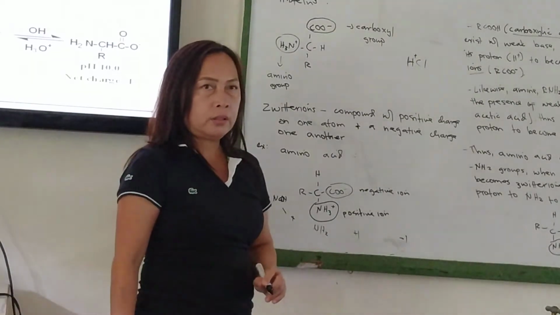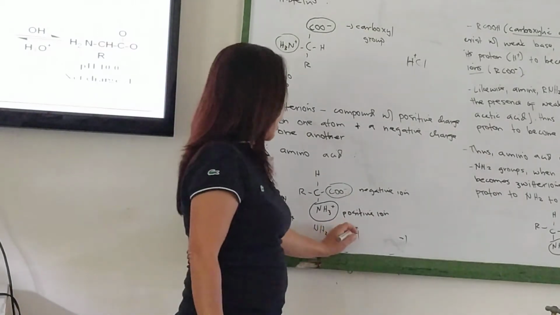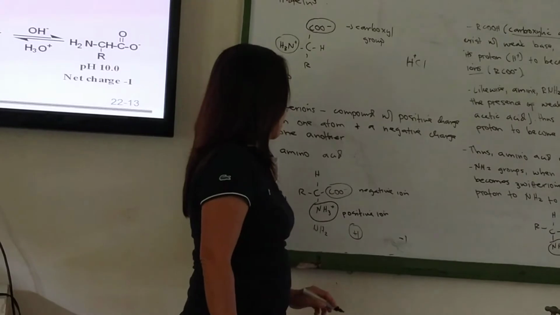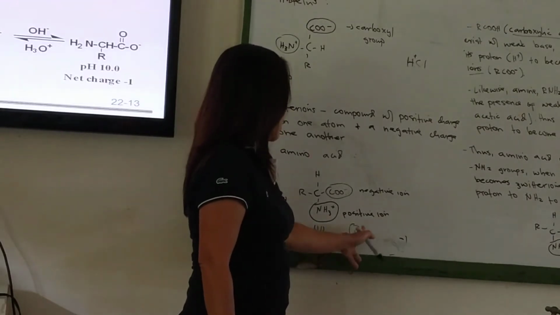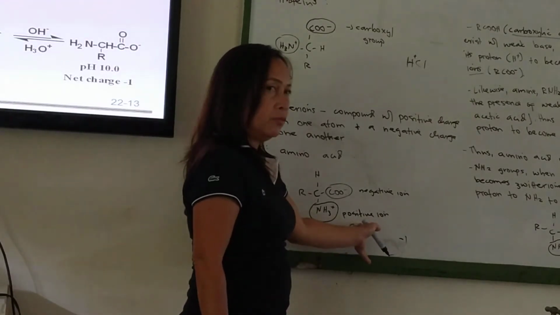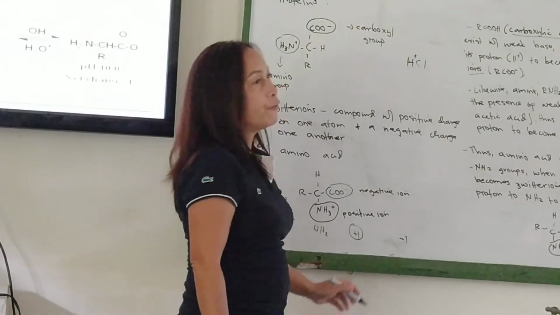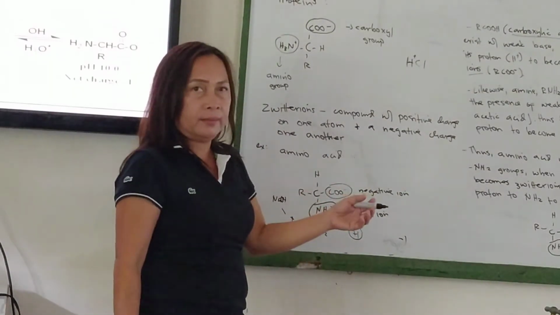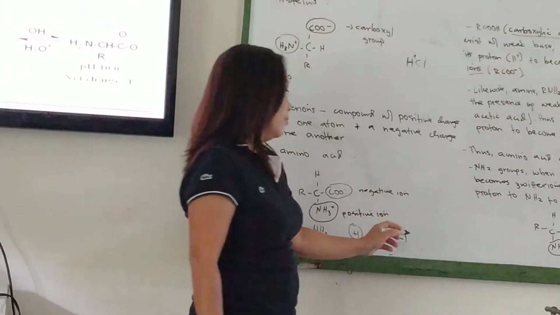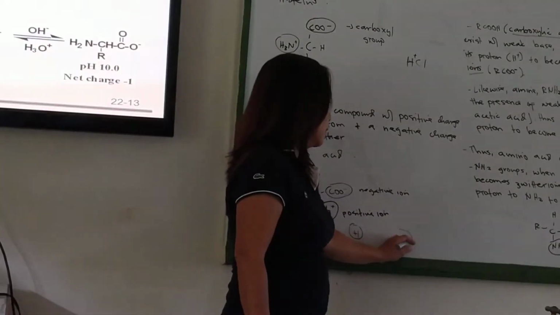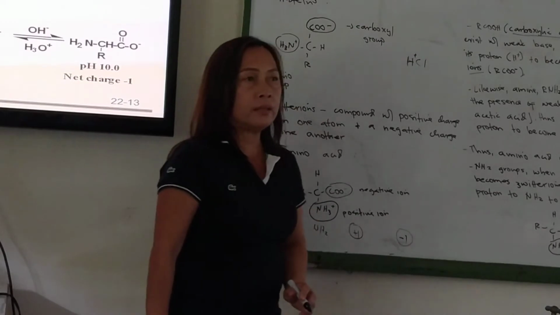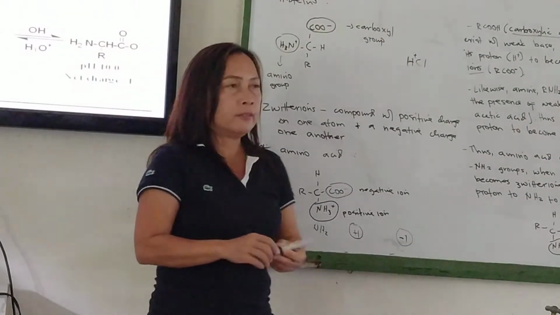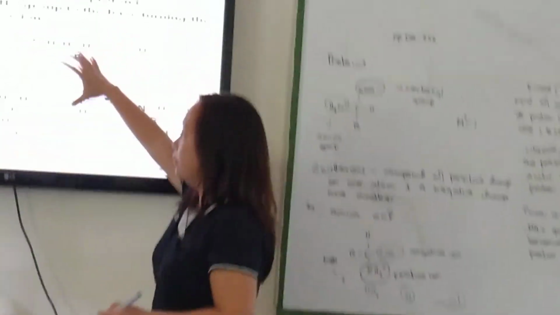Okay? So if acid is added to an amino acid, the charge is positive 1. If a base is added, the charge of our amino acid becomes negative. Okay, negative. It becomes a negative ion. Okay? So, any question here?